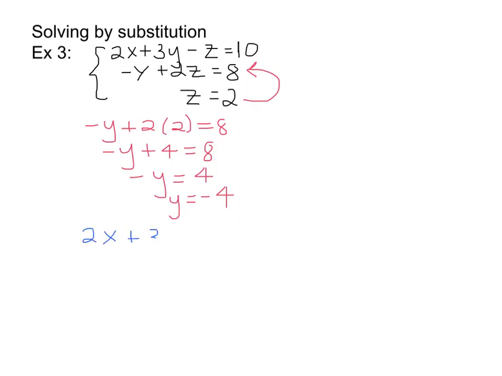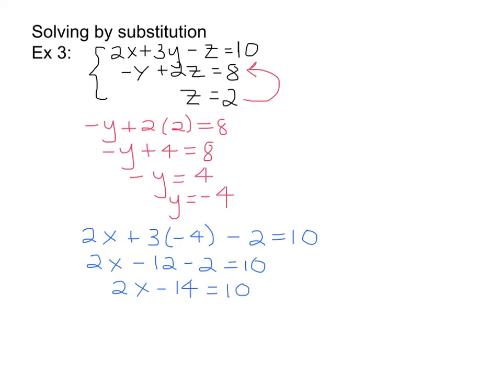So plus 3 times negative 4 minus, and then z is 2, equals 10. 3 times negative 4 gives me negative 12, minus 2, equals 10. Combine like terms, and that gives me negative 14. Add 14 to the other side, and that's going to give me 24.